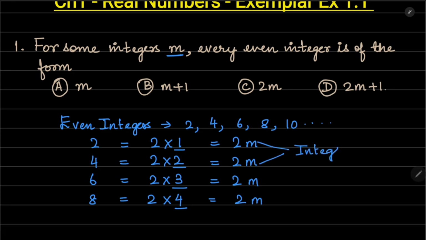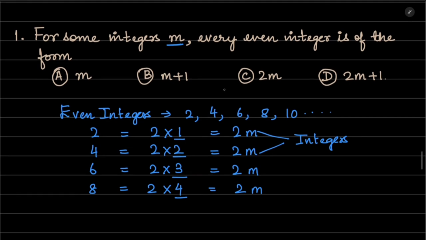So what are integers? You have both positive integers and negative integers. 0, 1, 2, 3, 4, everything, and minus 1, minus 2, minus 3, these are all integers. So every even integer is of the form 2m.